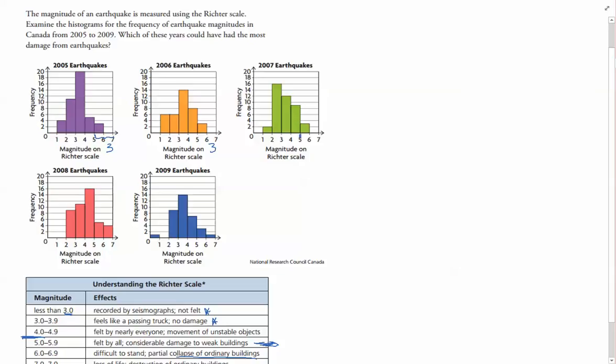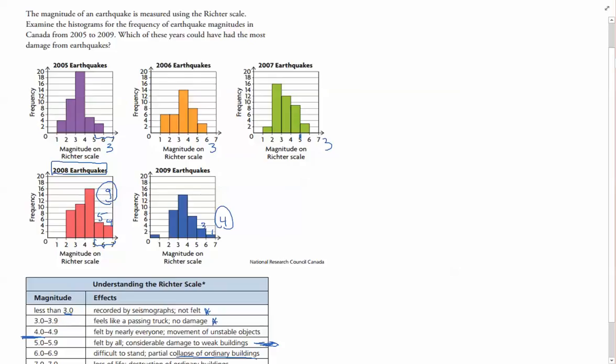Here, 5 and greater is 3. And then all of a sudden in 2008, we have 5 and 4, so we have 9 earthquakes that would cause damage. And in 2009, there were 3 and 1, so 4. So clearly, we had the most damage in 2008.